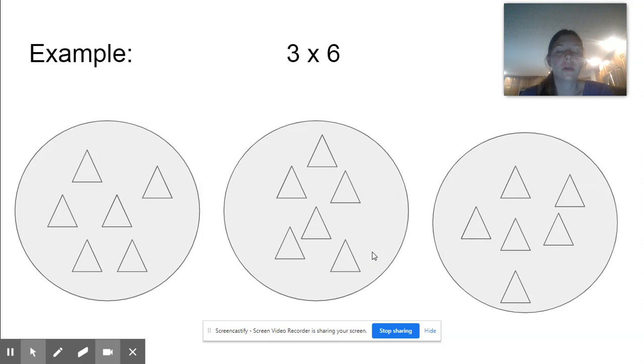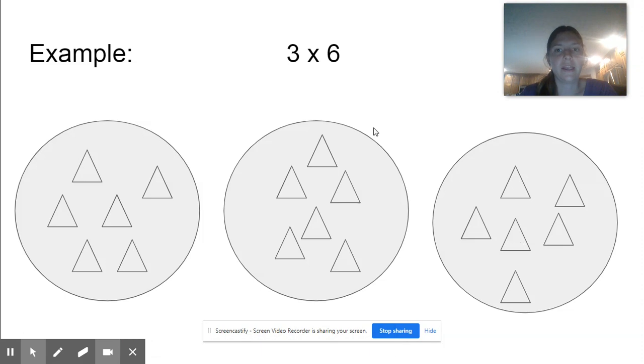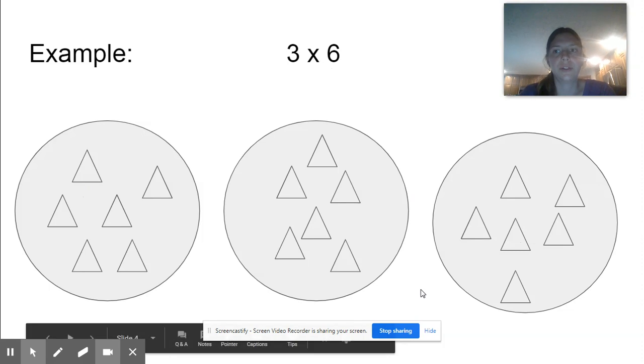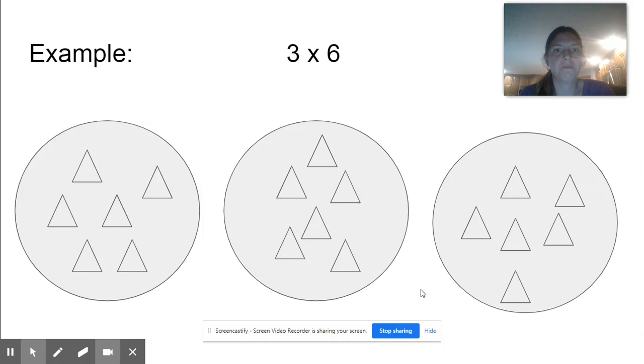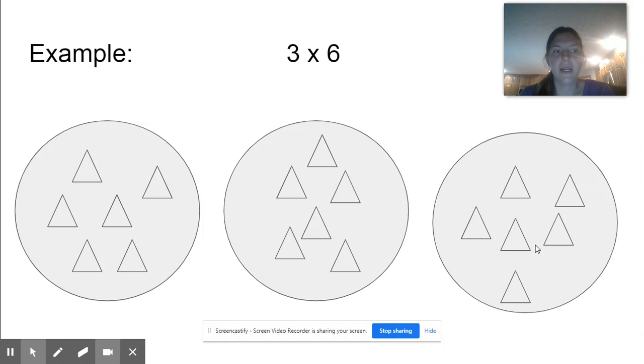Just draw it out. So 3 times 6, we have 3 groups, or 3 large circles. And there are 6 triangles in each group. You can count the 6 triangles. To find the product, we have to count the total number of triangles. So you can either count each triangle individually, or you can just add repeatedly.